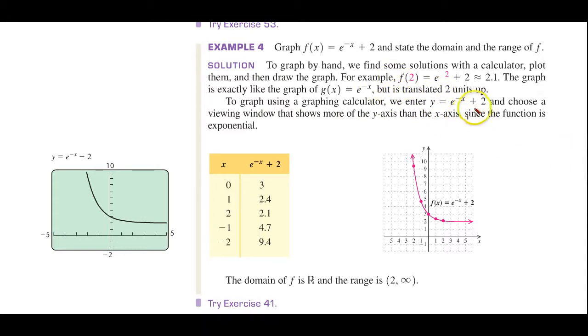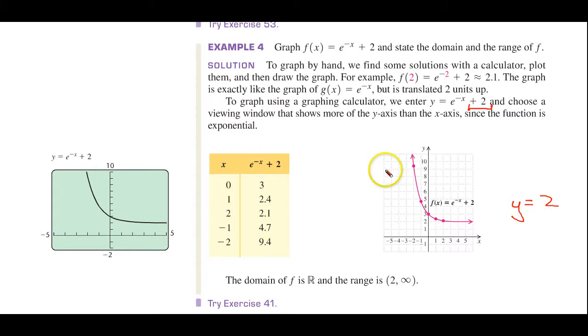And what can we observe? Well, here it's plus 2. So do you see that as this goes, our baseline sort of is going to be y equals 2, but it doesn't quite reach the 2.